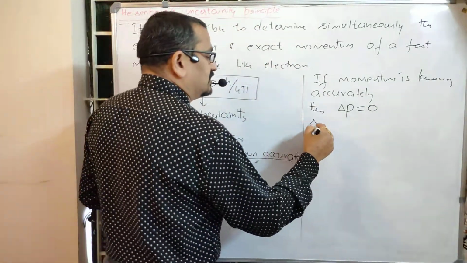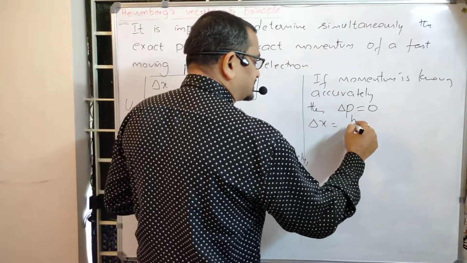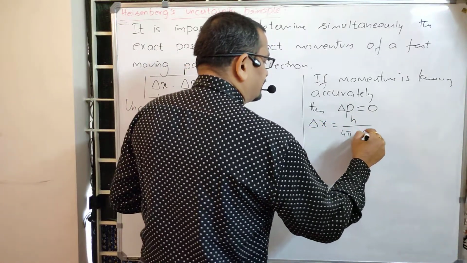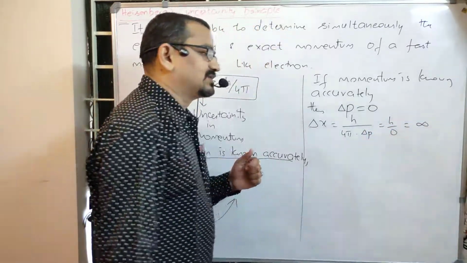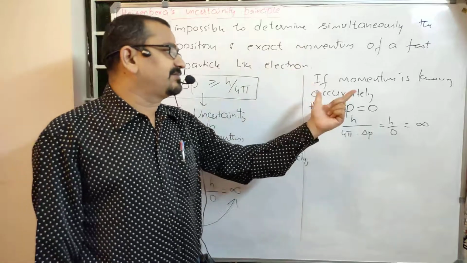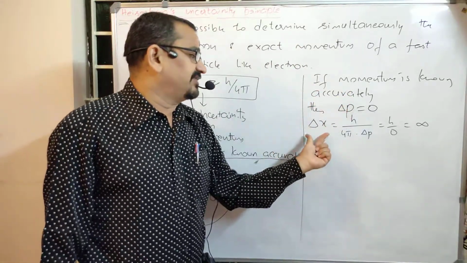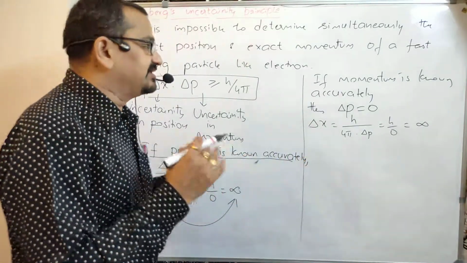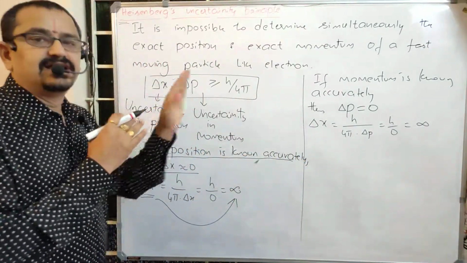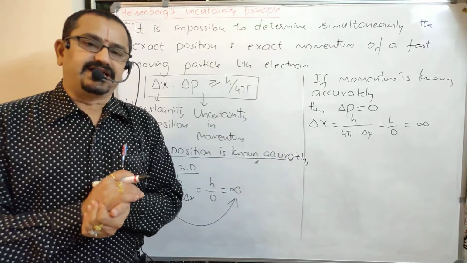Delta p will be 0. Then uncertainty in position can be expressed as h by 4 pi into delta p, that equals h by 0. Again, this is also equals to infinity. Means if momentum is known accurately, then uncertainty in position will be very high, almost equals to infinity. In this way, if one is known certainly, the other one cannot be determined with accuracy.